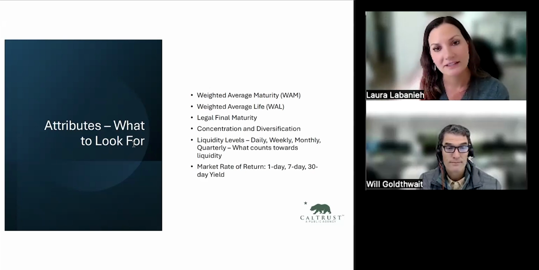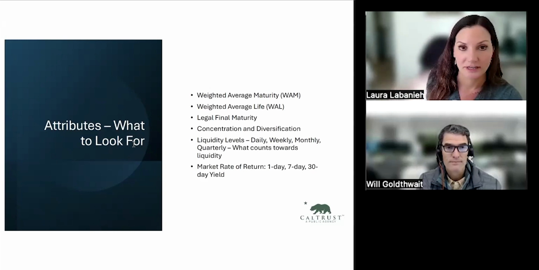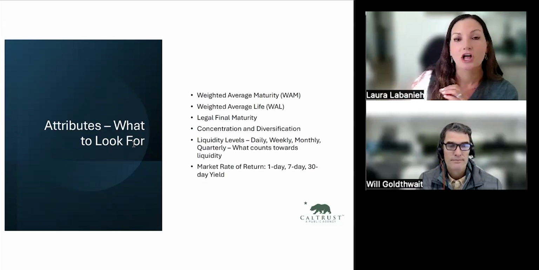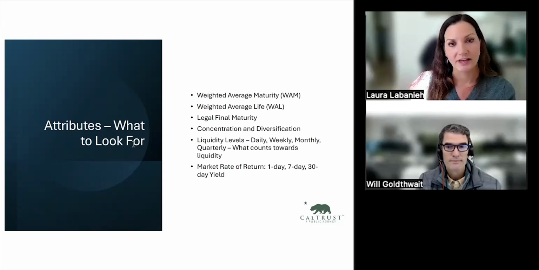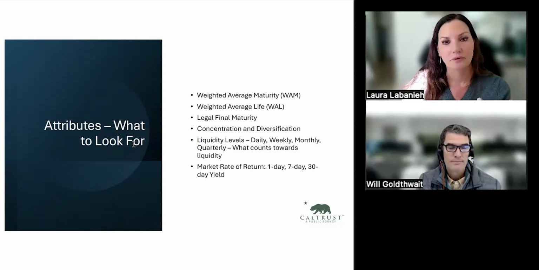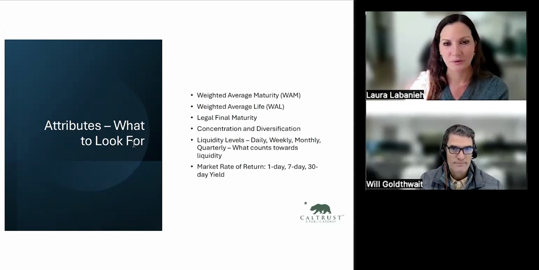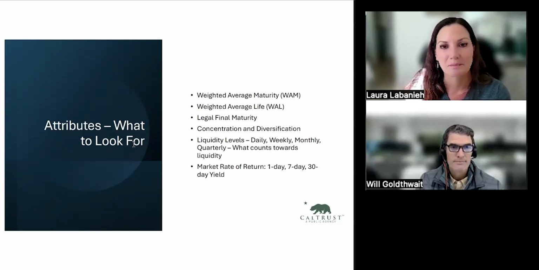You're going to have more of a consideration if you're invested in a floating net asset value fund. So the CalTRUST short-term fund and our medium-term fund, which are our longer duration funds, those are floating net asset value funds. Those are where realized and unrealized losses and gains are more of a consideration. So I wanted to put that preface out there before I ask Will to address that question.